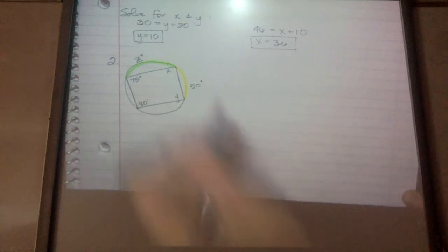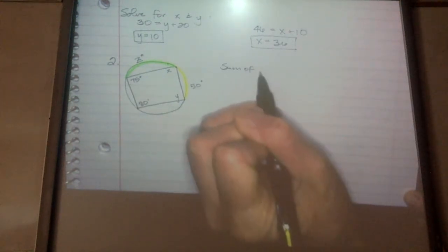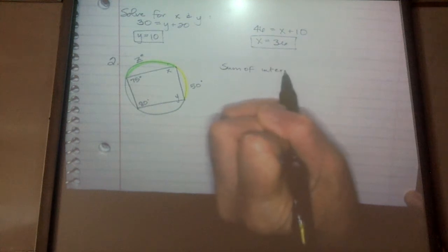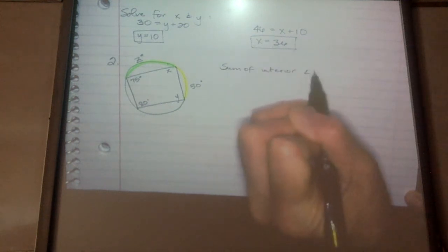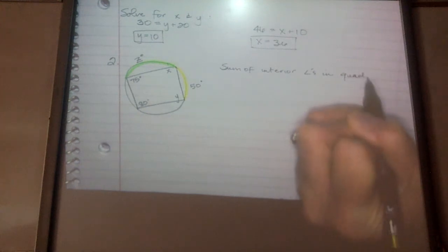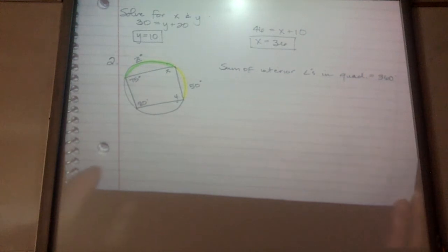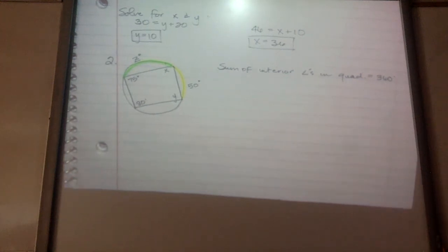Now, another property of circles: the sum of interior angles in a quadrilateral equals 360 degrees. That's a review of geometry. Remember, it's the number of sides minus 2 times 180.